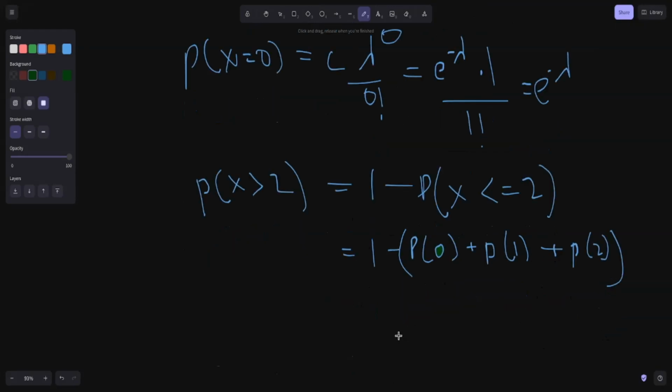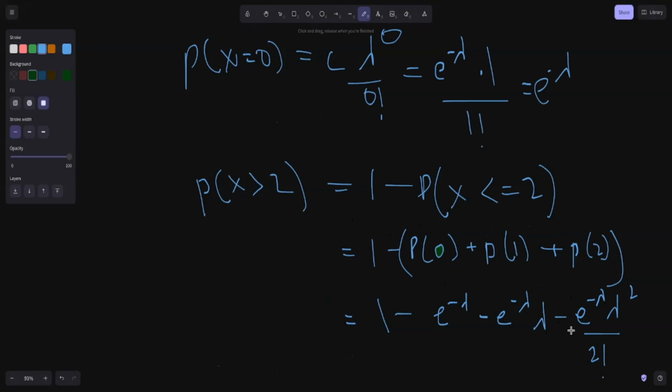This is the scenario. So this becomes 1 minus e to the power minus lambda, which we just calculated, minus lambda e to the power minus lambda, minus e to the power minus lambda times lambda square by 2 factorial.